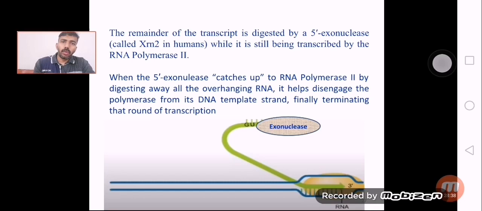This exonuclease will cleave the remaining part of the RNA, and it will move in the 5 prime to 3 prime direction along the RNA molecule, and will dissociate the DNA-RNA hybrid, and that causes the termination process in eukaryotes.